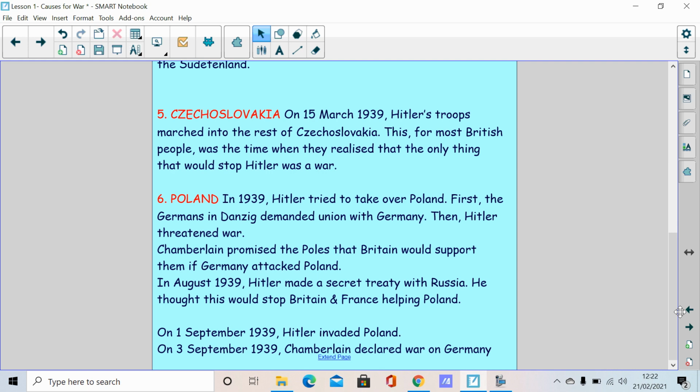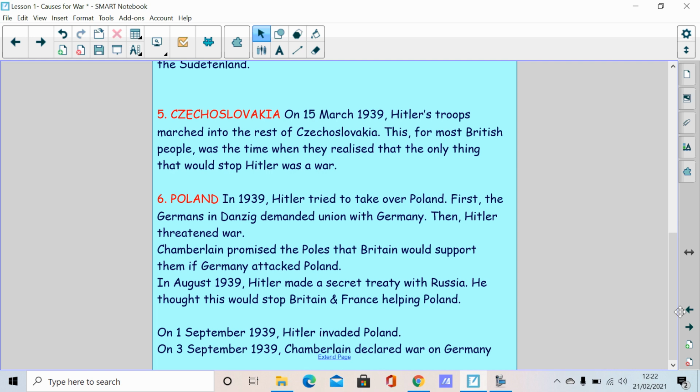He made a promise, he broke it, and the British people believed that the only way he was ever going to stop is if they demanded a war. And what Neville Chamberlain said at that point was, right, okay, we know he's taken over these, he's gone back on his word. If he invades Poland, we will declare war.